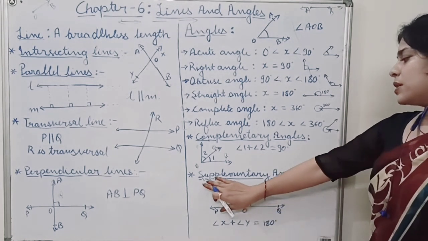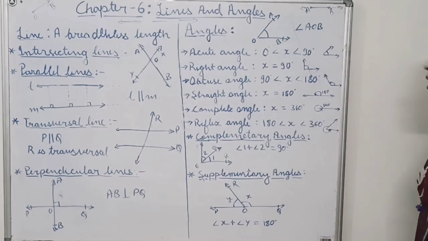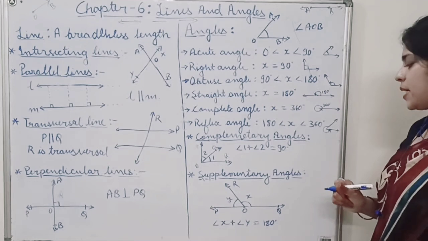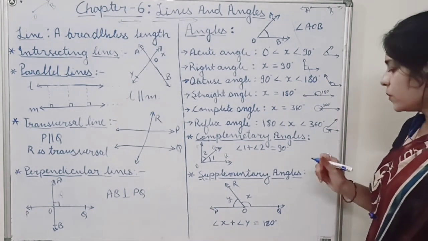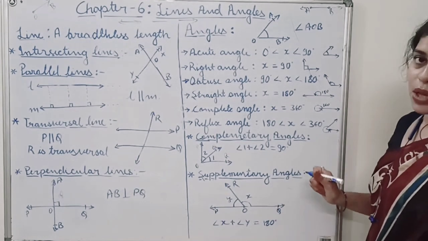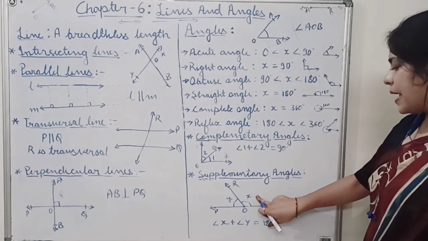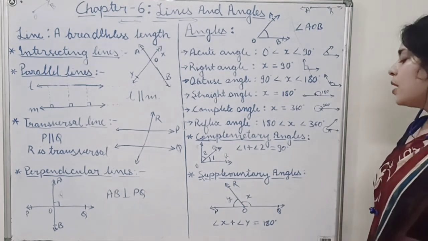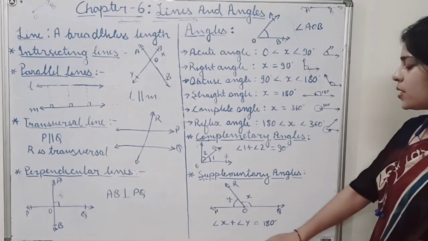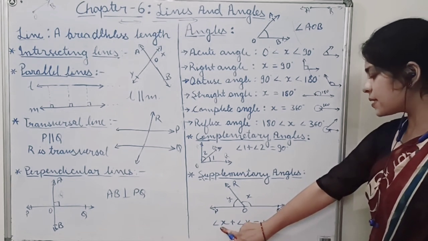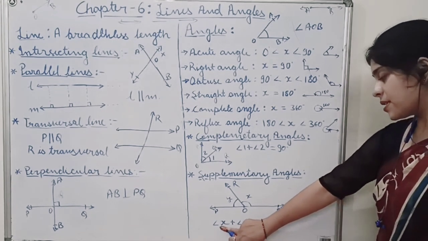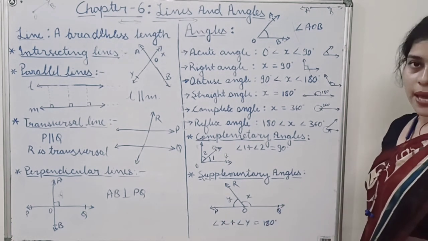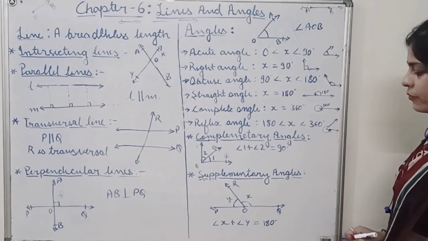Okay, now supplementary angles. Supplementary angles are two angles whose sum is 180 degrees. See, this is angle X and this is angle Y. If their sum is 180 degrees, then the two angles are called supplementary angles. In other words, angle X is the supplement of angle Y and angle Y is the supplement of angle X if their sum is 180 degrees.